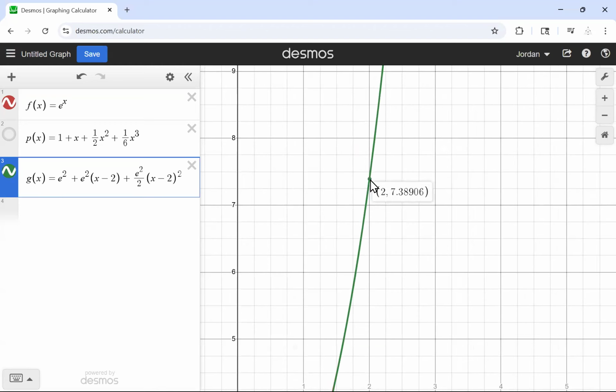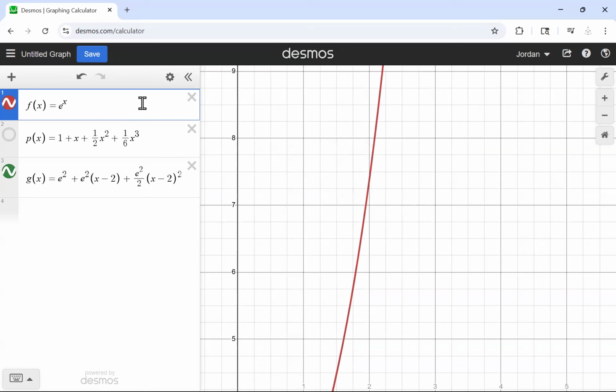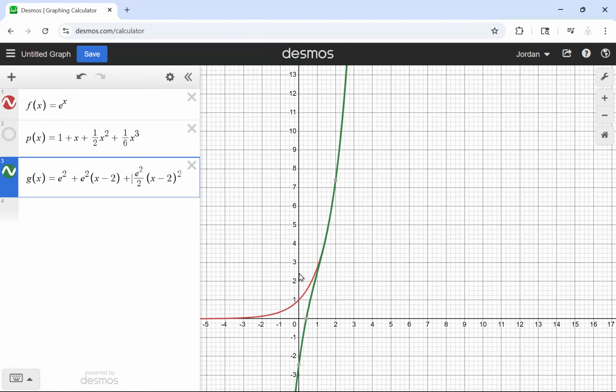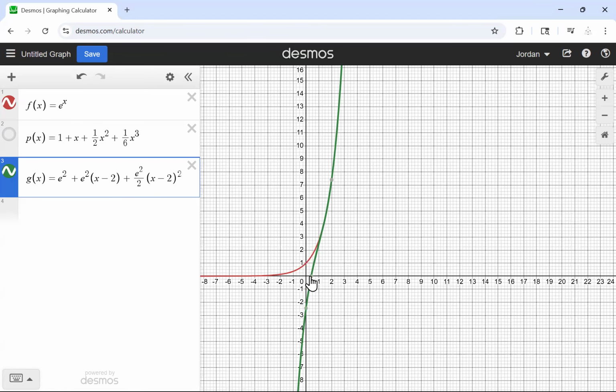So when I get closer and closer to the x value of 2, we have a pretty good approximation of the function with the polynomial. Obviously, when we get further away from 2, like down here at 0, the polynomial and the function are not close. But at x equals 2, the polynomial and the function are, in fact, very, very close.